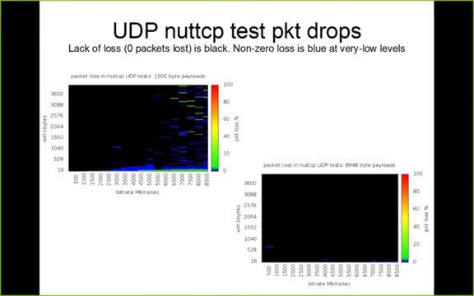The heat map on the left is 1500 byte payloads, and there's a certain amount of loss, not very big, occurring as you increase the rate, and then at high rates as you increase the buffer ask. And on the right is the large packet version of the same thing, which is largely blank. There was a few loss, and these might be just the luck of the draw, stochastic loss or something.